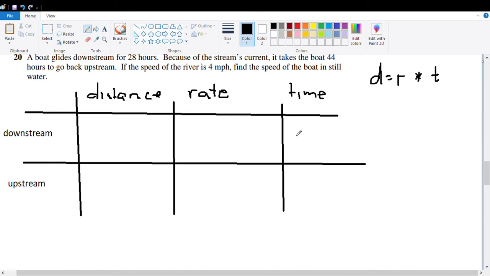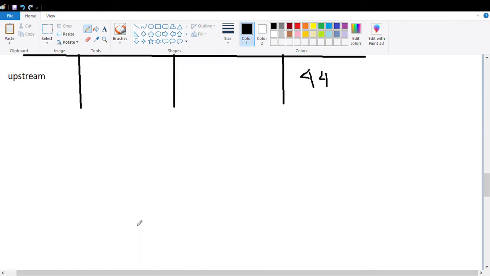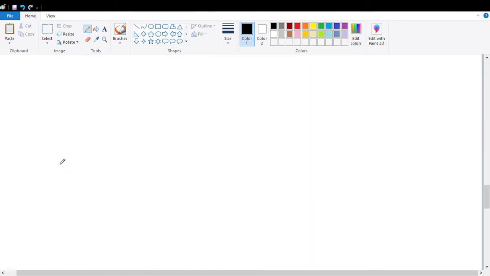It says here that the downstream is 28 hours and the upstream is 44. So let's illustrate it. Let's say this is the boat and this is the current, and this is going downstream.